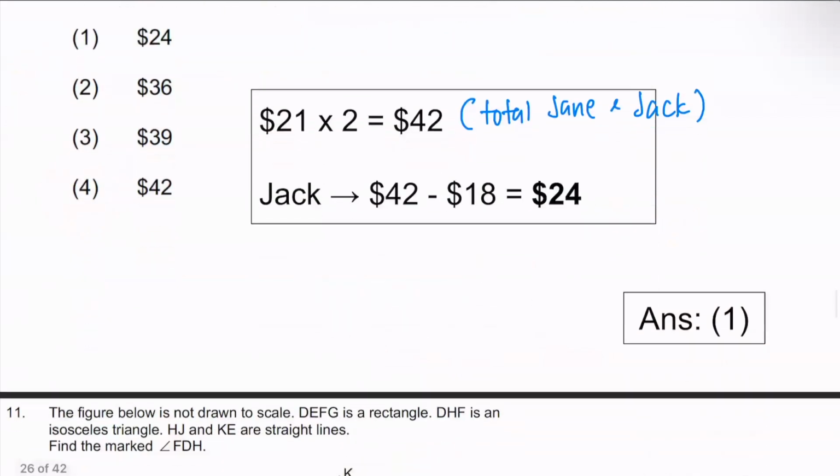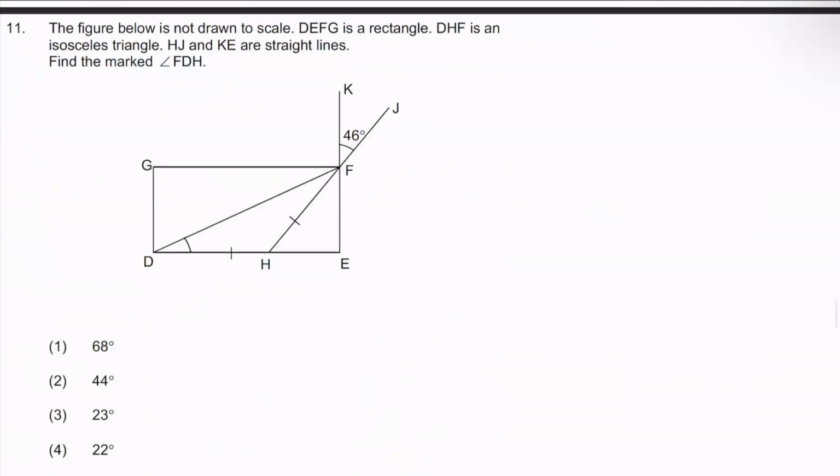Okay, next, question 11. The figure below is not drawn to scale. DEFG is a rectangle. DHF is an isosceles triangle. DHF is here. HJ and KE are straight lines.